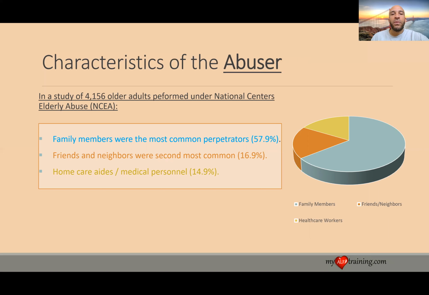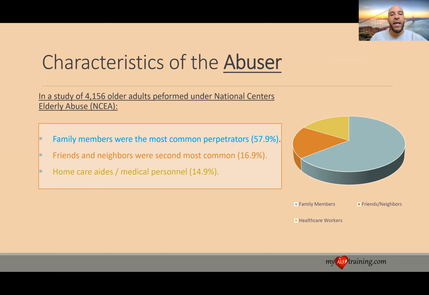This graph demonstrates that 57.9% of the most common perpetrators are family members. This information is from the NCEA in a study they did containing 4,156 older adults. They found that well over half of those adults that were abused, family members were the most common perpetrators.